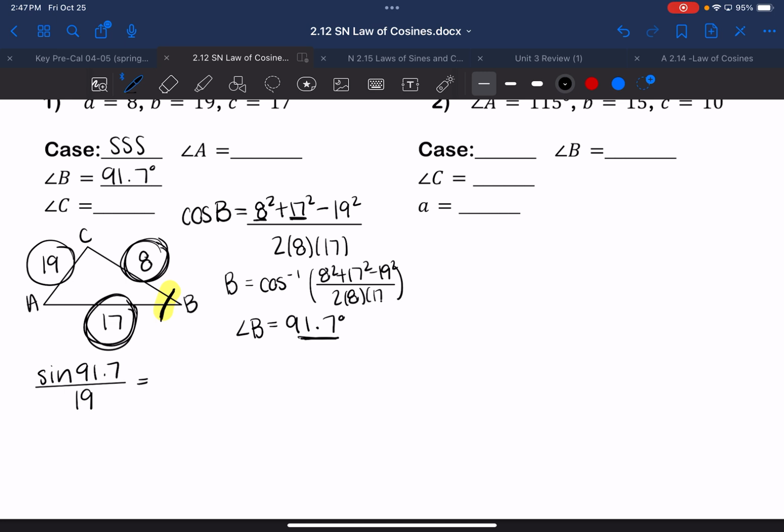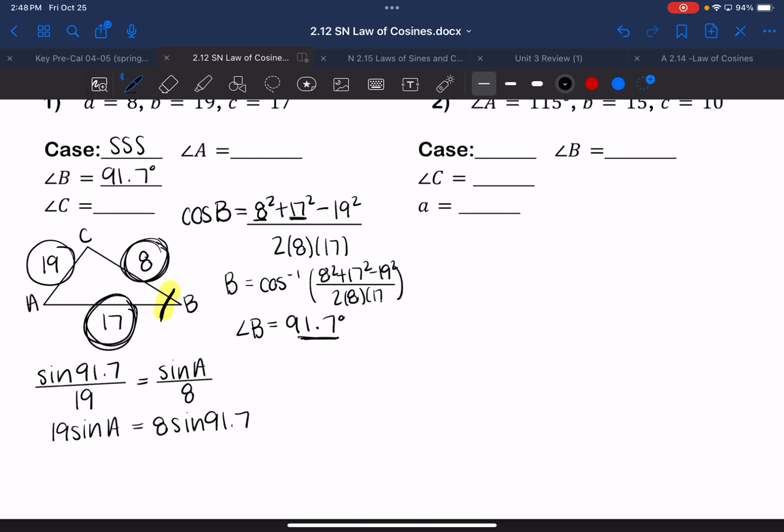Let's say we want to find angle A now. Then I could do sine of angle A over what side A? 8. And then I can cross multiply. So I'd have 19 sine of A equals 8 times sine of 91.7.